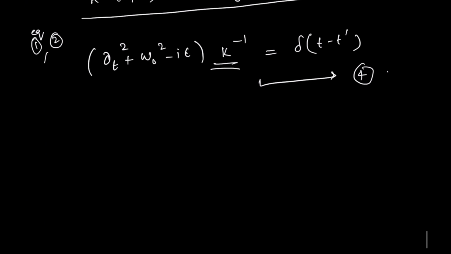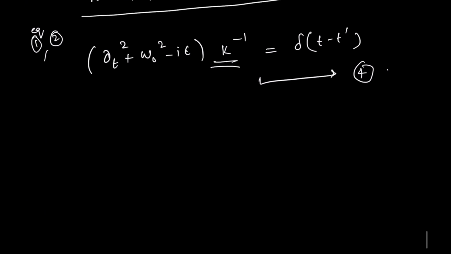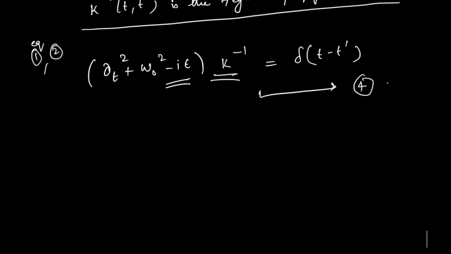So I'll do that. Before I substitute k inverse, let's see what this epsilon is. The epsilon in equation number 4 is actually the epsilon that we used in the epsilon prescription.